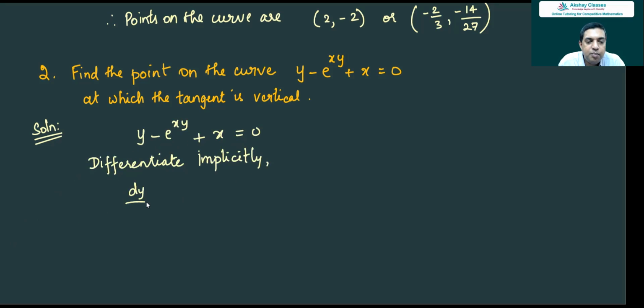So we get dy by dx minus e power xy into the derivative of xy, and the derivative of xy will be, this is a product, so differentiating x, keeping y constant, 1 into y, plus keeping x constant, differentiating y, plus 1 equal to 0.